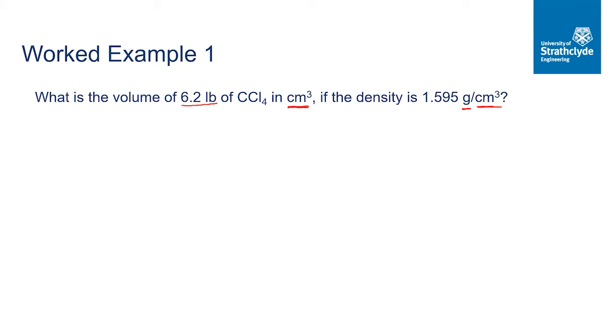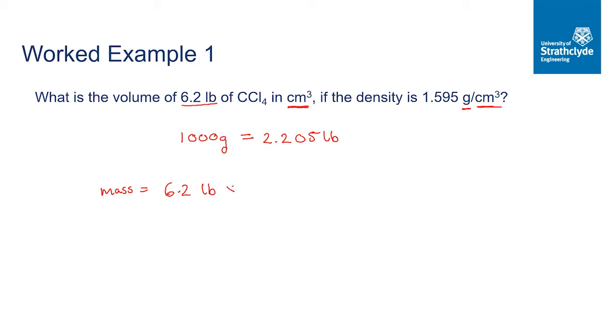The way we do that is by writing down our unit conversion. Our unit conversion factor is 1,000 grams is equal to 2.205 pounds. Then we have our mass, which is 6.2 pounds, but we wish to obtain it in grams so that we have consistency with our density units.